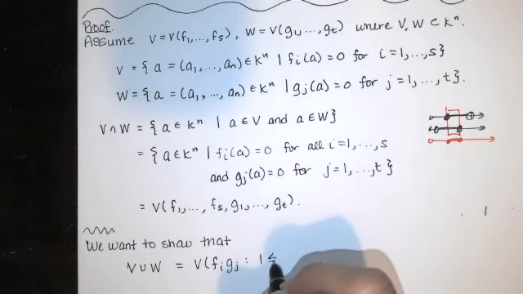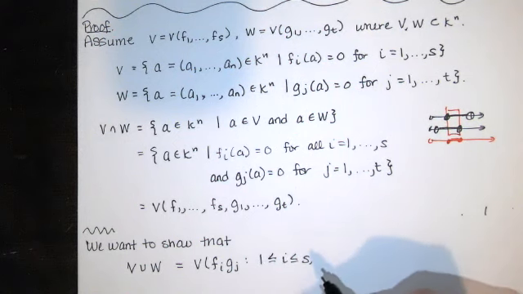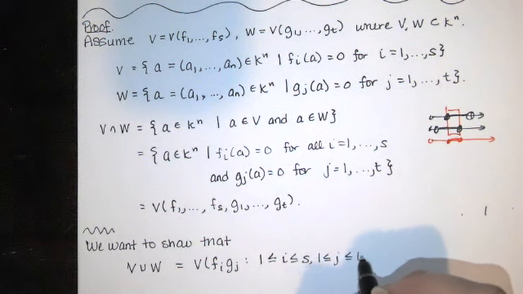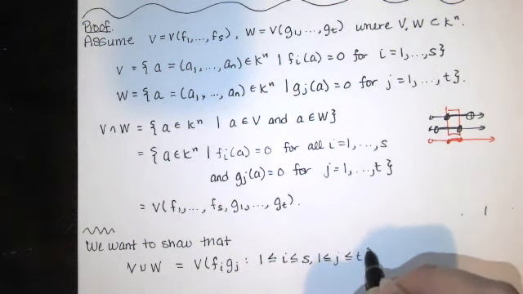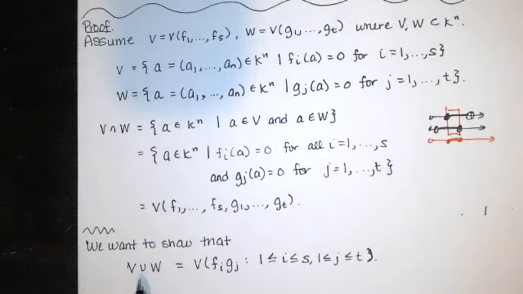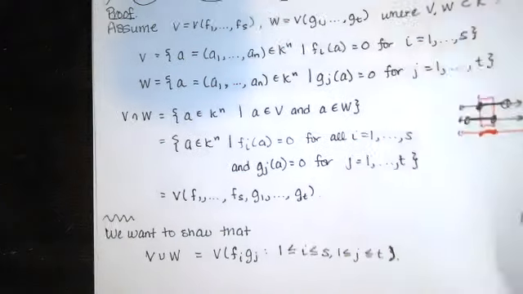And those are going to be the polynomial equations that define the new variety. In order to show that, basically we want to show that this set is included in this set, and we want to show that this set is included in this set.